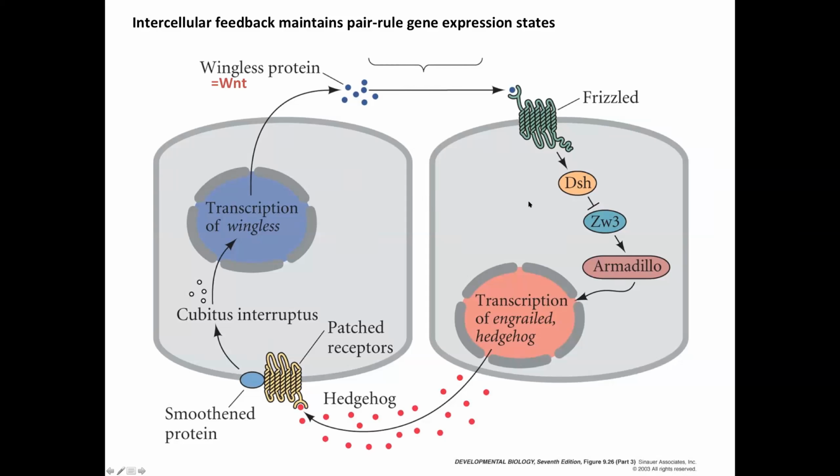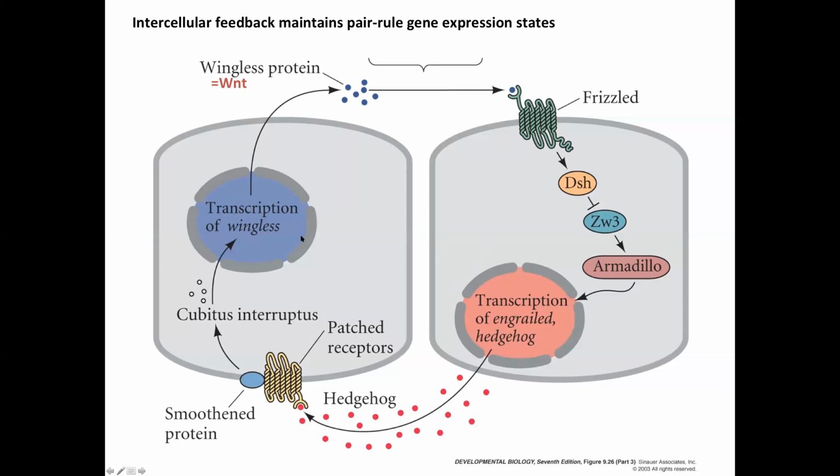So this is an auto-regulatory loop which maintains the expression of wingless here, hedgehog here, and engrailed here. This guy's release is necessary for the subsequent cells to become wingless. It's not that I will maintain only myself. If I could only maintain myself, then I would lose what the surrounding cells will become.